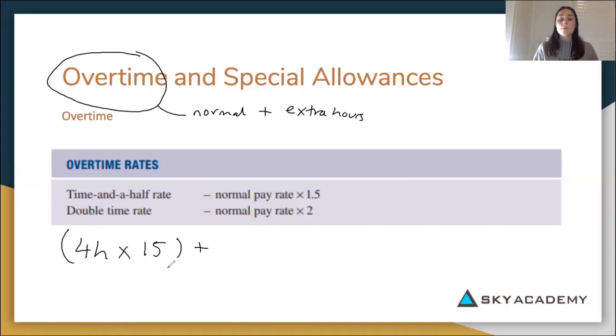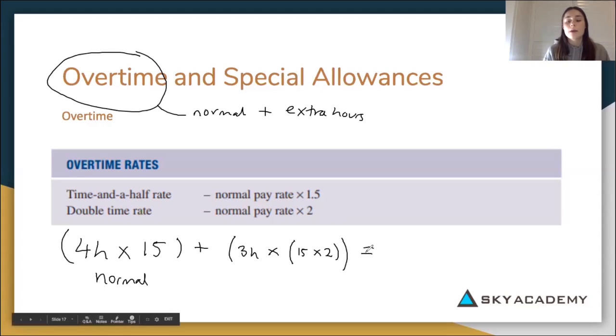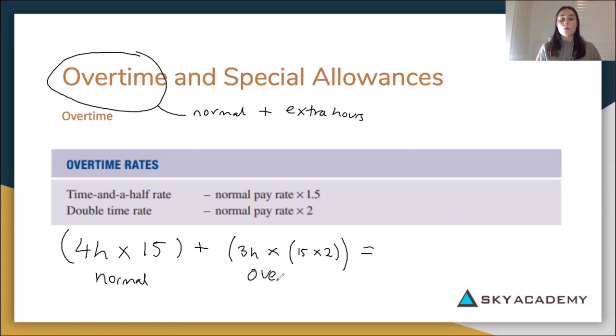I'd get 4 hours times my normal pay rate, plus then 3 hours times normal pay rate, which is 15, times 2 for double time. And that would be my weekly wage for the normal plus the overtime.